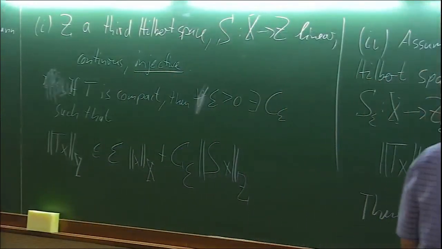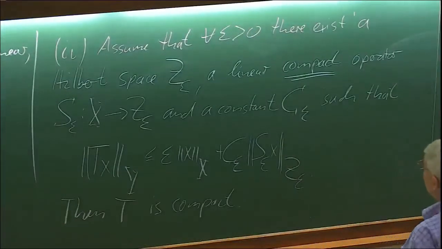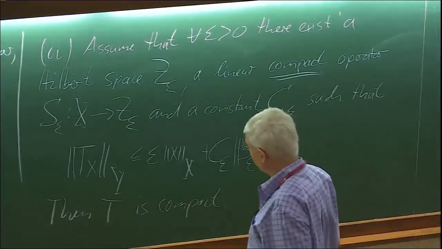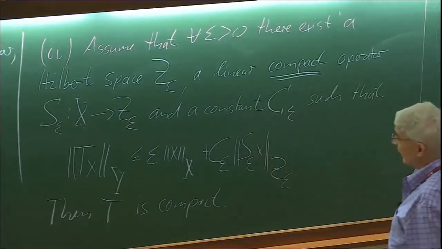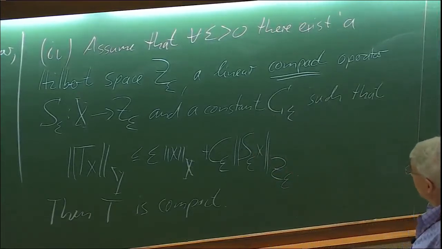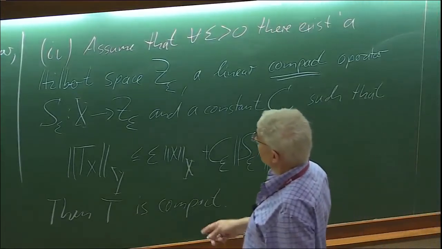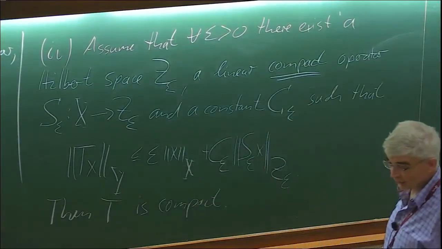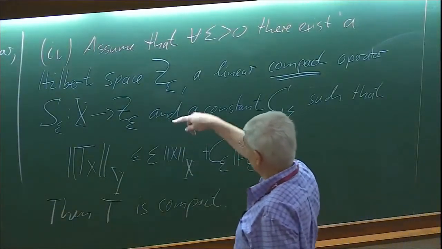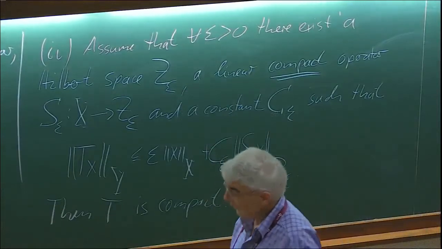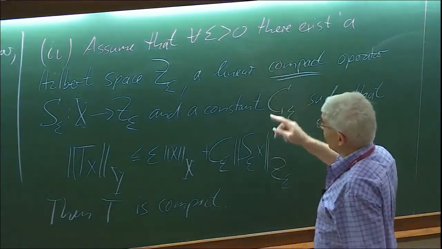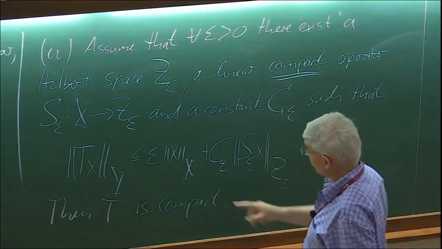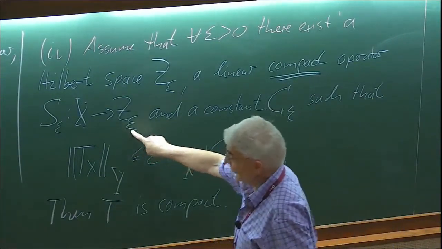Now, I stated this in this generality, even though for what we're going to do, we're only using a weaker form. Namely, the space C epsilon is going to be the same for all epsilon, and typically it's going to be a Sobolev minus 1 space. The embedding is going to be from an L2 space into the Sobolev minus 1 space.